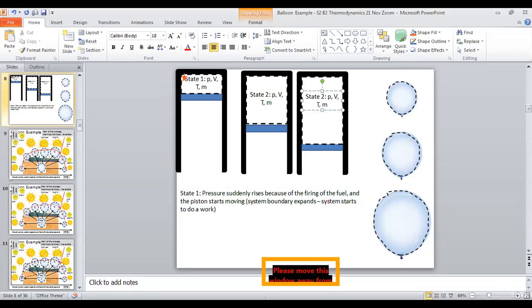So this is intermediate state. So state 1, state S. Let's say state S is here. PVTM. Okay, state 1, state 2, and state S.